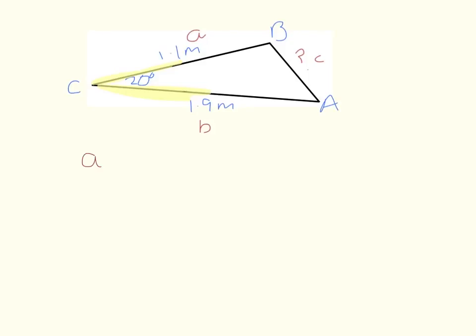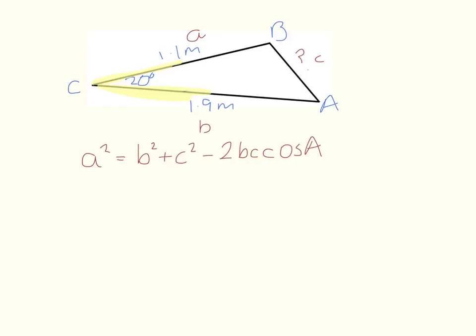The cosine rule is a squared equals b squared plus c squared take away 2bc cos A. However, in this circumstance, it is c which I am asked to calculate. So I'm going to have to alter my formula slightly.